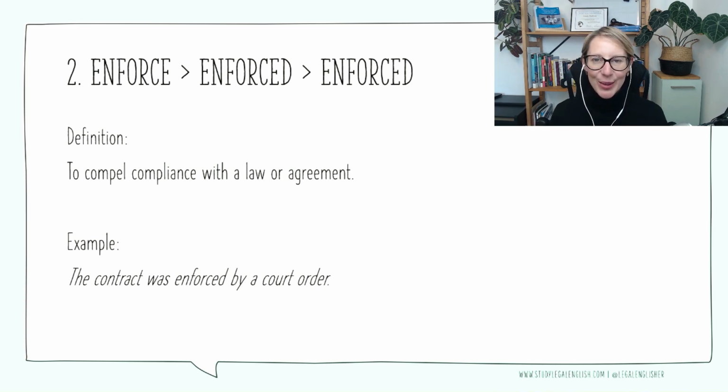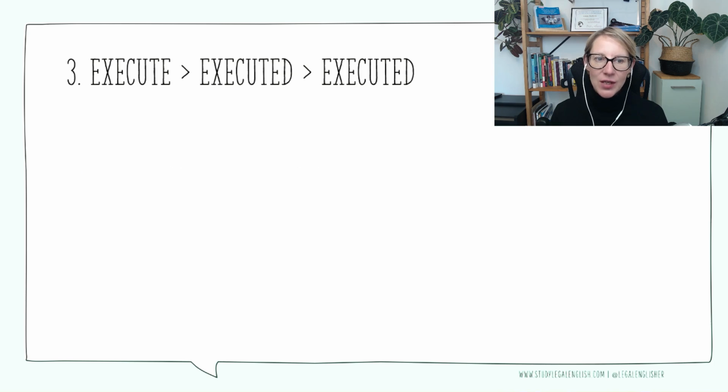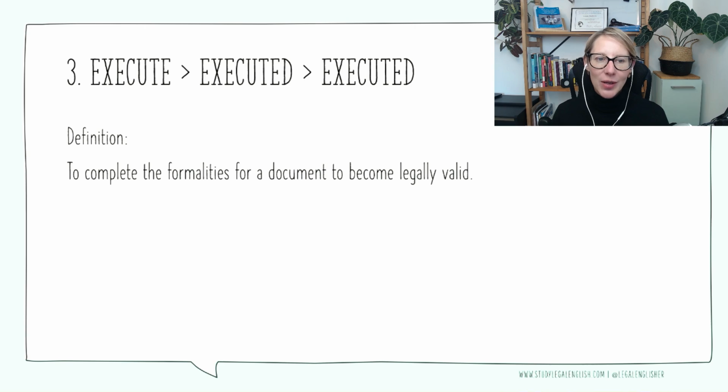Okay, let's look at number 3. To execute. In the past, executed. In the past participle, it's also executed. Okay? So what does it mean in legal English? Of course, all of these definitions are for legal English, not general English. The definition: to complete the formalities for a document to become legally valid.